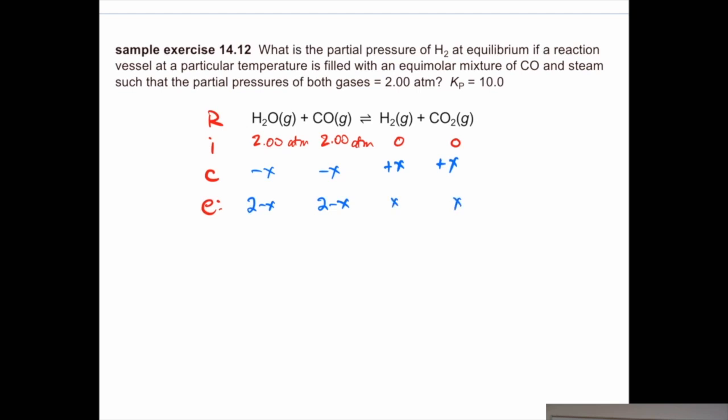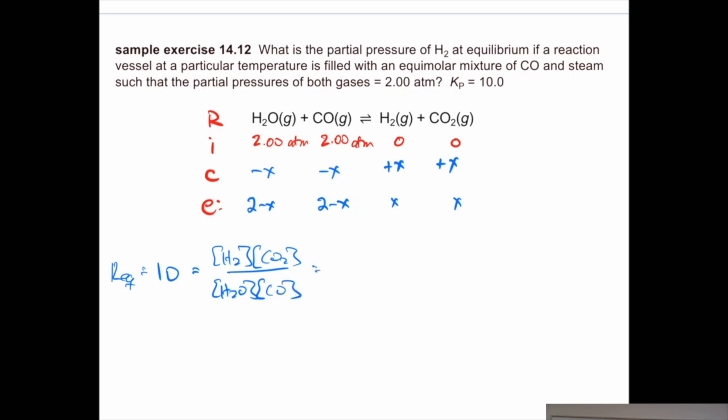Now, at equilibrium, Keq is equal to 10, which is going to be equal to the concentration of, let's just be thorough, H2 times the concentration of CO2 divided by the concentration of H2O times the concentration of CO. And now we have all those values algebraically.